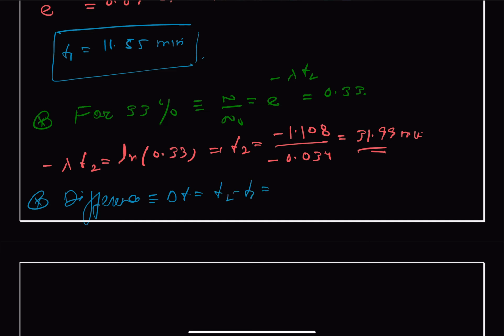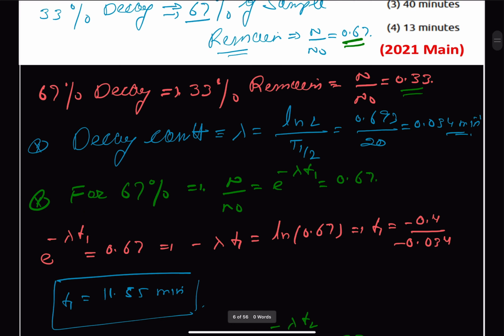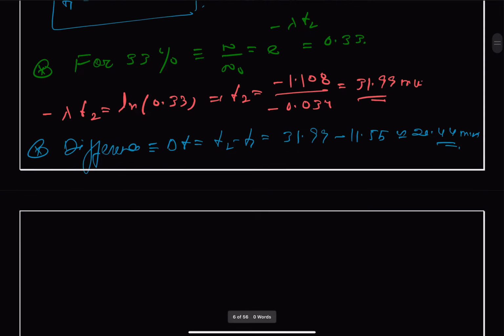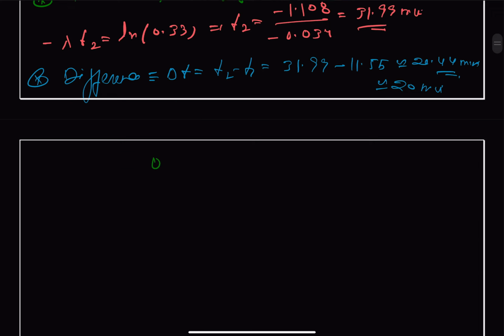We get this as 31.99 minus 11.55, approximately equal to 20.44 minutes. We can just approximate it to 20 minutes. So option number 2 is correct.